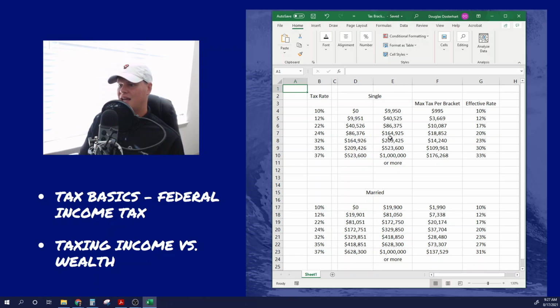Well, that may not be the case because you get a standard deduction, or if you itemize, you get deductions, and then you might save into a 401k or health insurance, et cetera, and you will probably get down into that lower 22% bracket, if your taxable income gets under that 86,000. So again, if your gross income is about 100 and then after deductions your taxable income is 85,000, then your tax bracket actually changes.